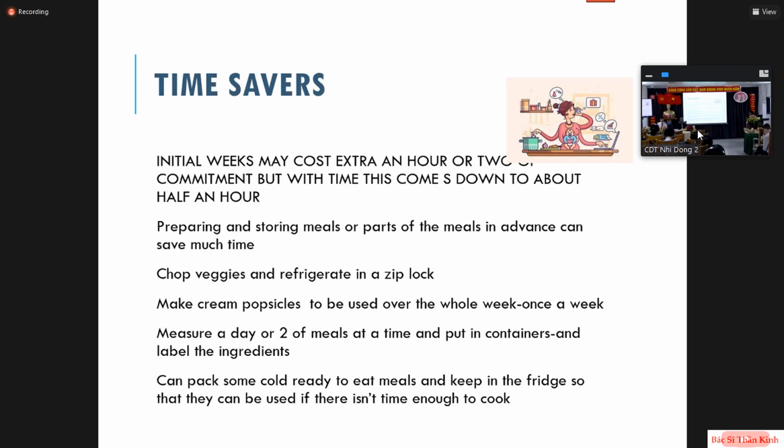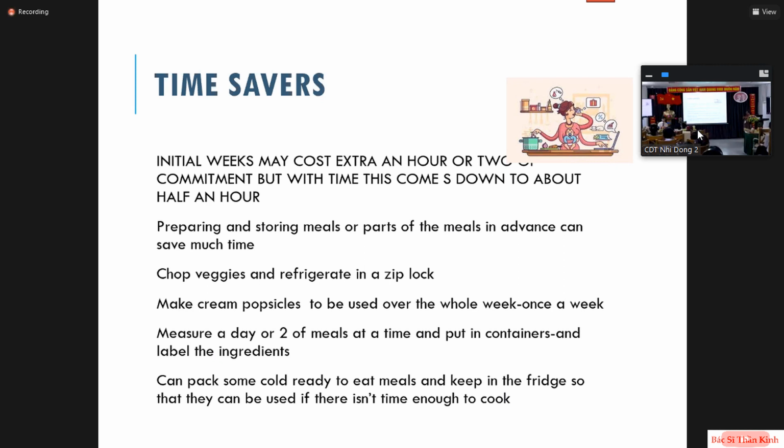So preparing and storing meals or parts of the meal in advance can save time, and this is what we have to emphasize. Then, we have to tell them time savers, like they could chop veggies and refrigerate in a Ziploc. They could make cream popsicles to be used over the whole week, just once, rather than doing it every day. And similarly, they could weigh the raw ingredients altogether.